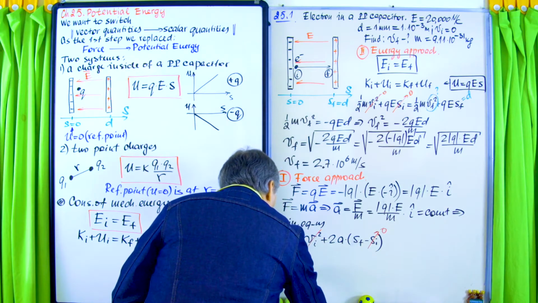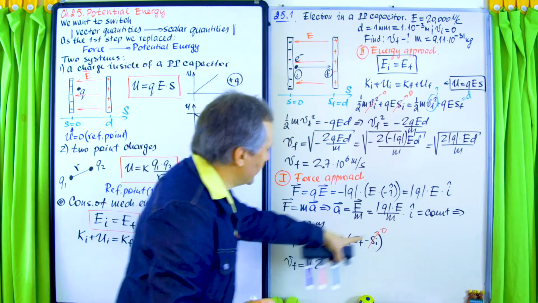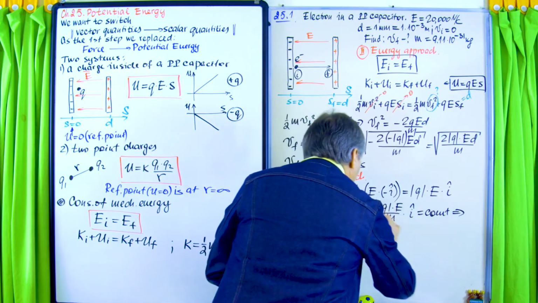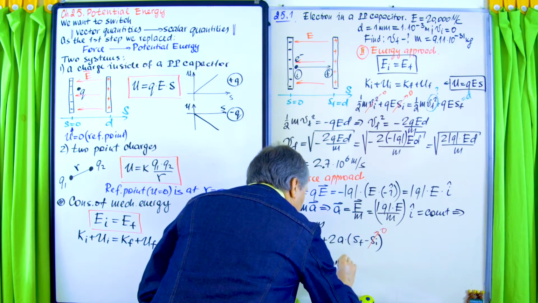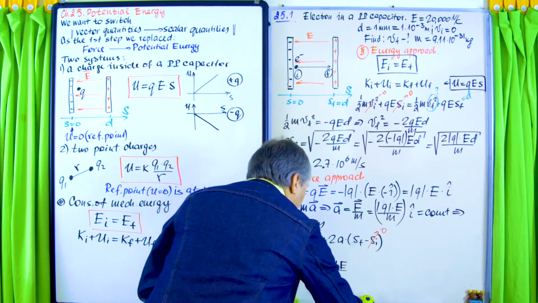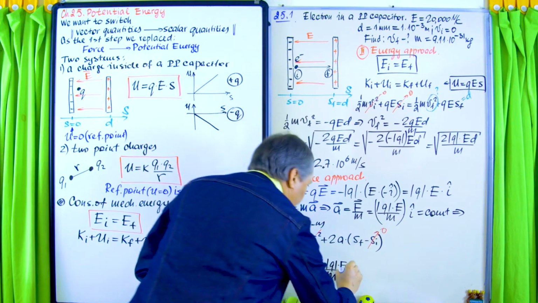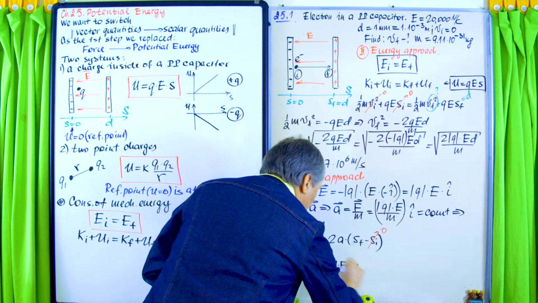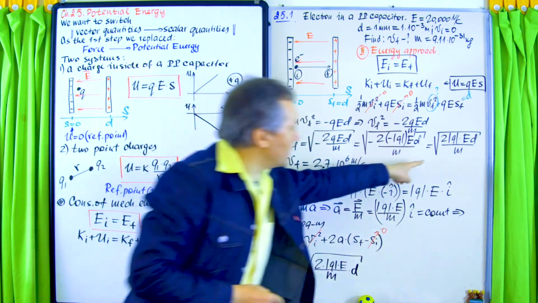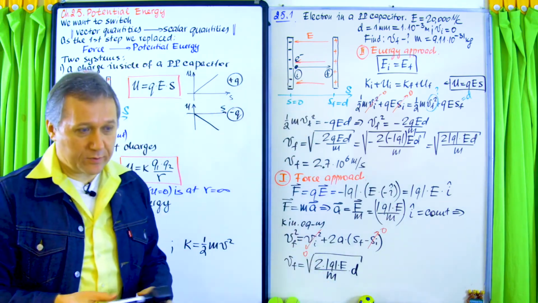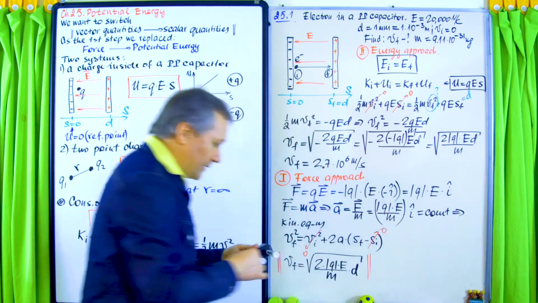So v final will be equal to the square root of 2, and instead of acceleration, I will use this: the absolute value of charge times electric field, divided by m, and then this S final, which is d, should be added here. So look, we're getting exactly the same expression. Exactly the same thing.